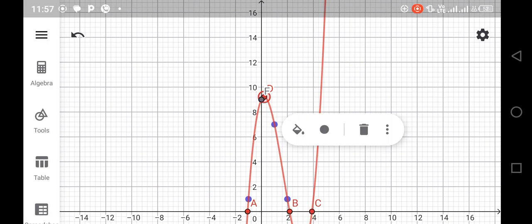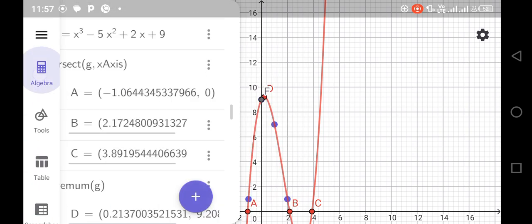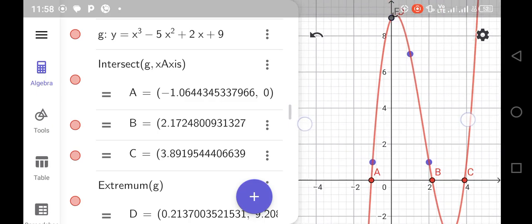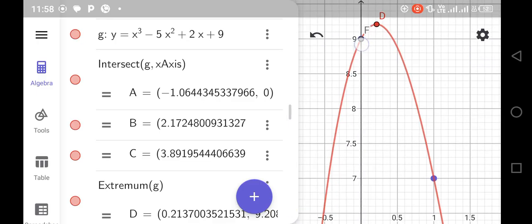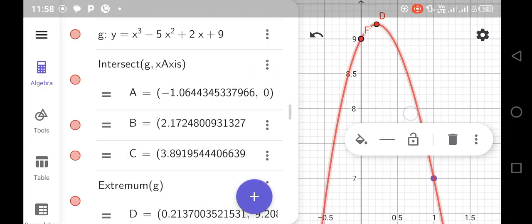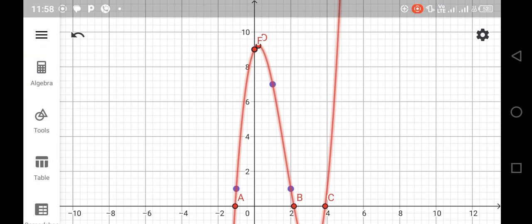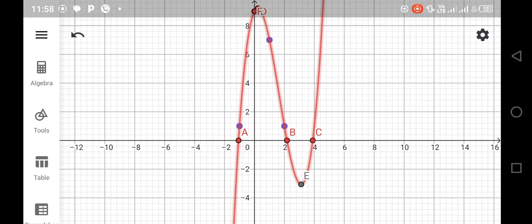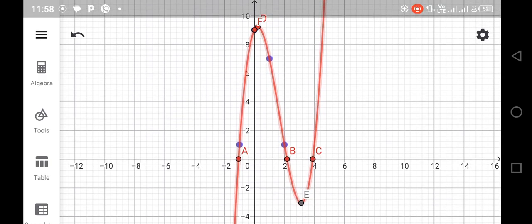This point F is not coming clearly. You are giving that point a good color. Then that is the graph that we have drawn for that function, and that gives us 3 marks.